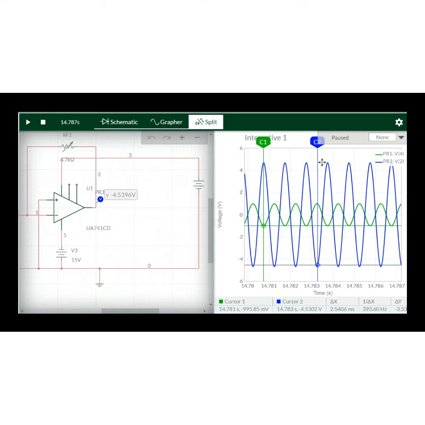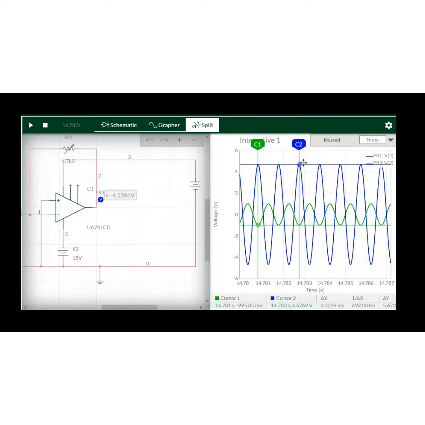So you need to adjust the cursor C1 and C2 to get the perfect value. And for the C1 we get negative 995.85, and for the cursor 2 we get 4.537 volt for the value.